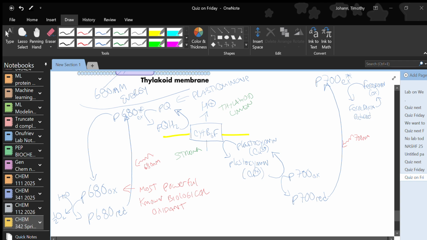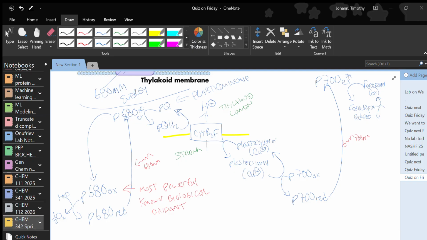And then finally, what's going to happen is reduced ferredoxin is going to interact with NADP+. I don't want to extend my screen to the right here, because if I do, I know it messes up the posted notes.